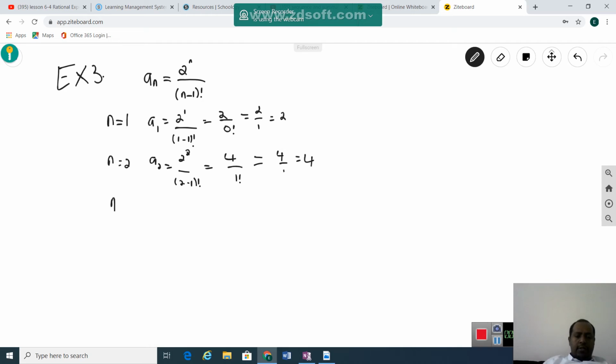Again, to find the third term, I will plug n is equal to 3 in the general formula.